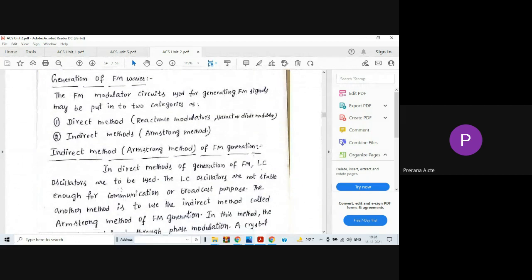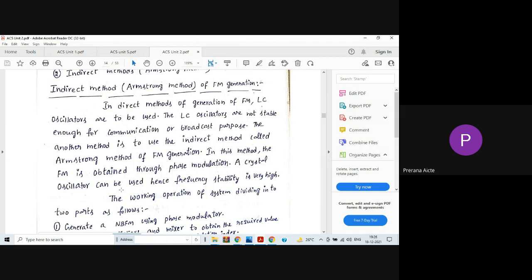So generation of FM waves: we can generate the FM wave using two categories. One is the direct method, another is the indirect method. In the indirect method, we are able to generate the frequency modulated wave using the Armstrong method of generation.